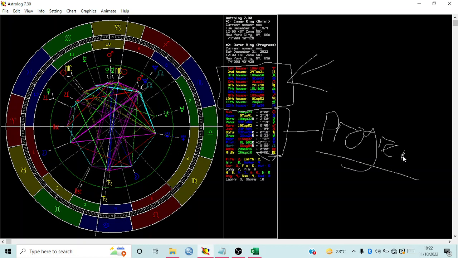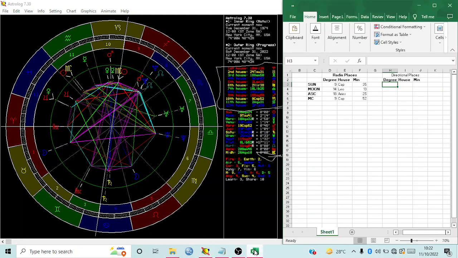Having noted that these are progressed, we're going to get the position of the sun, which is in this case 28 degrees Aquarius, 24 minutes.